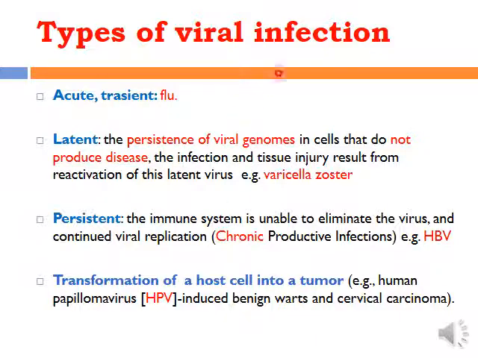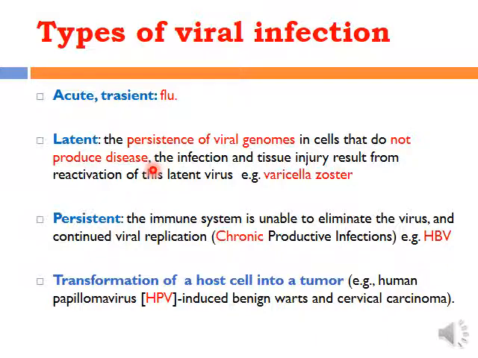Regarding the types of viral infections, the viruses either produce acute transient infection, as in the case of flu or a common cold, which usually takes 2 to 3 days and resolves, or they produce latent infection, that is after an infection, the virus remains inside the human cells in a persistent way, and the viral genome is still inside the cell and does not cause disease, but after a long period of time there will be reactivation of the virus and it produces disease.